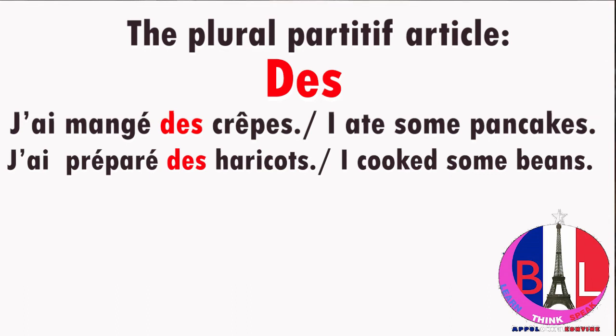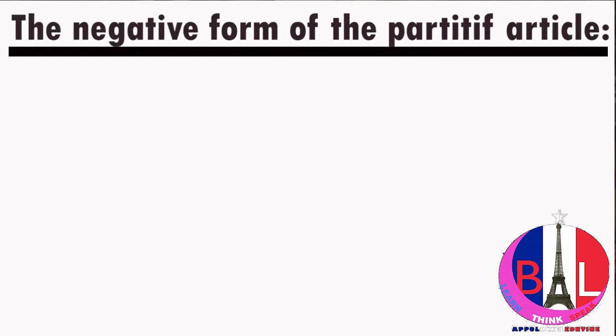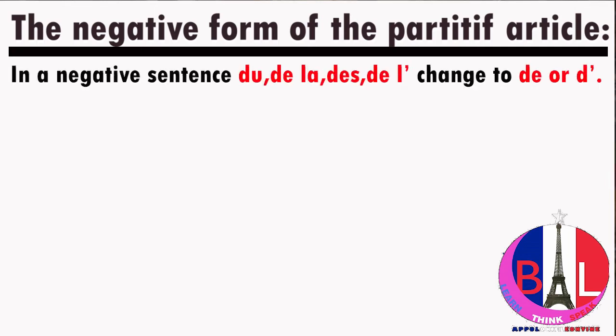Now let us go to the negative form of a partitive article. In a negative sentence, du, de la, des, de l' change to de or d' apostrophe.